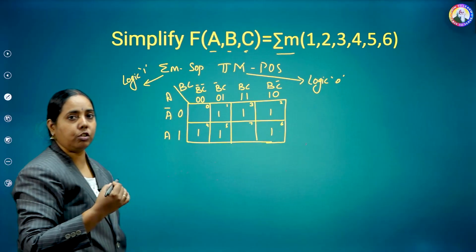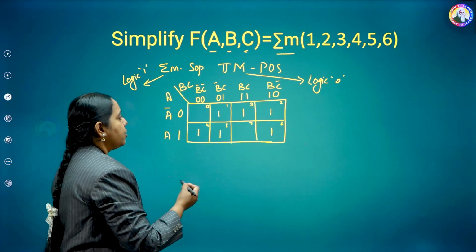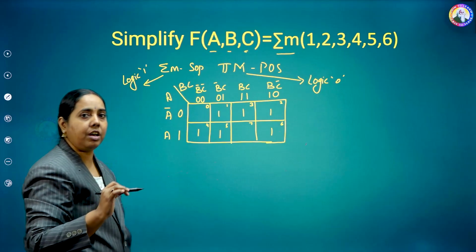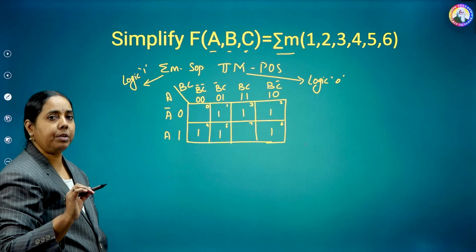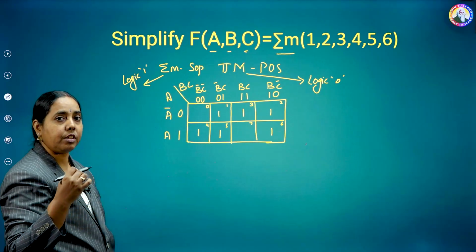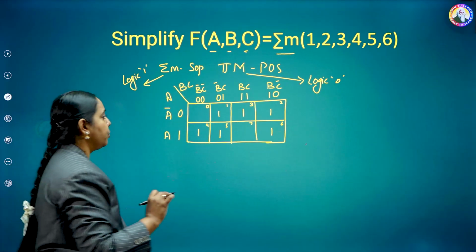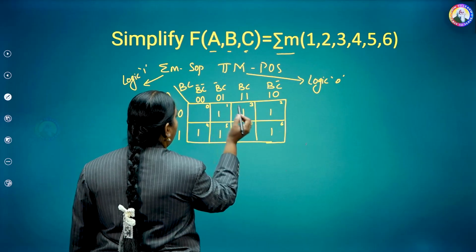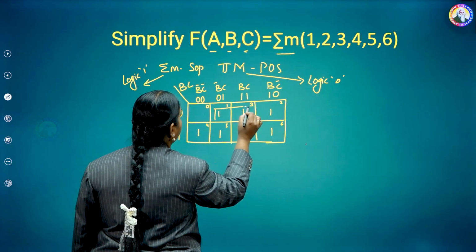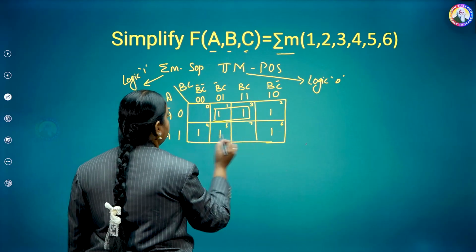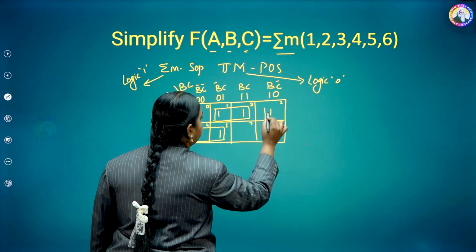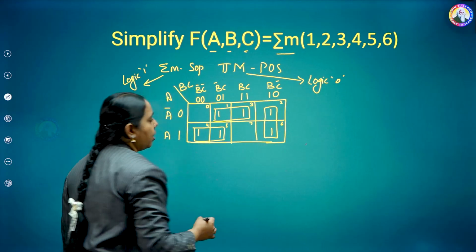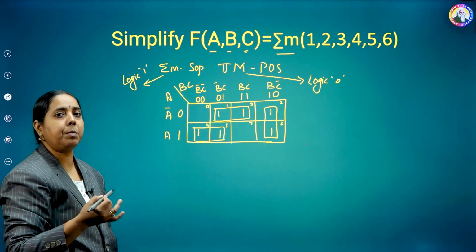Now I need to follow the rules that we had seen earlier. So grouping of only ones or grouping of only zeros can be done, and always the group should comprise a number of cells that is a power of 2. So if you just observe, I can frame this as one group, next this is one group, next this is one group. One more rule that you need to follow is that you should make the minimum number of groups.